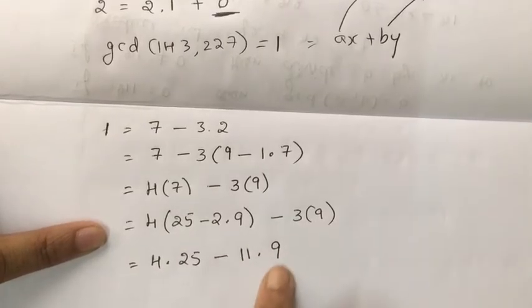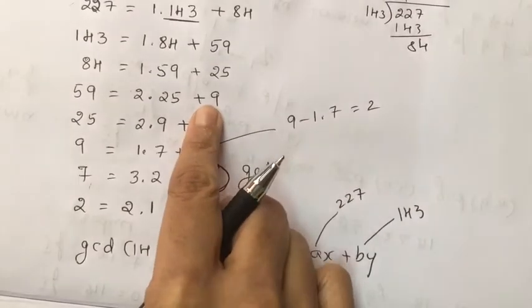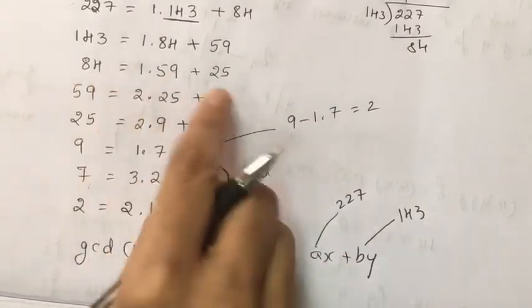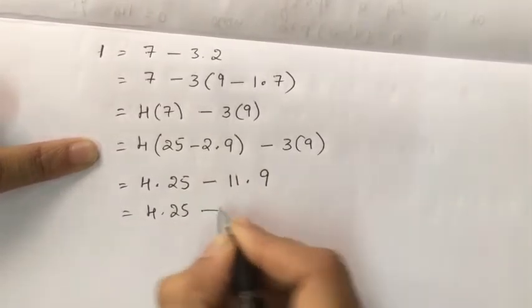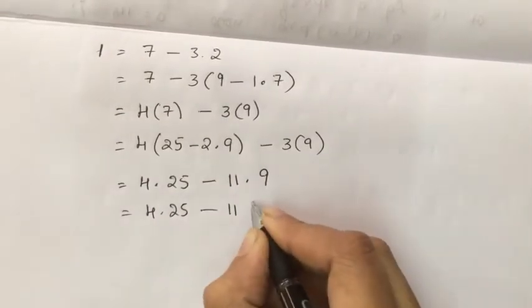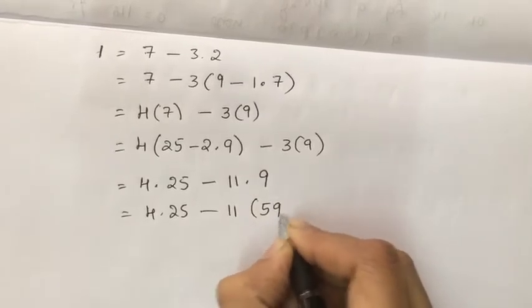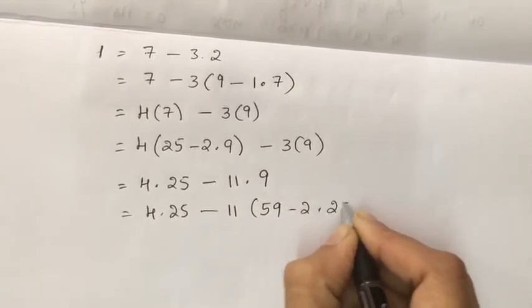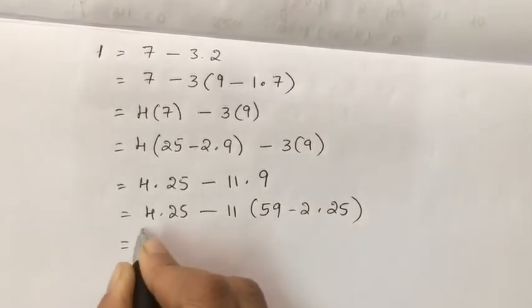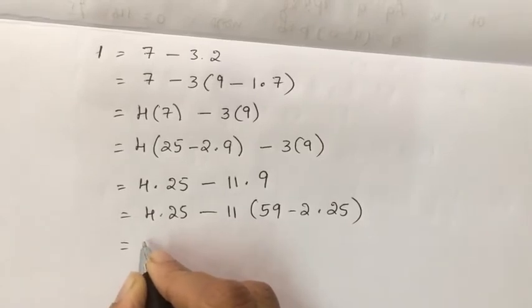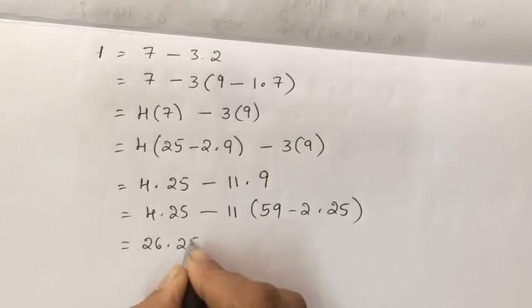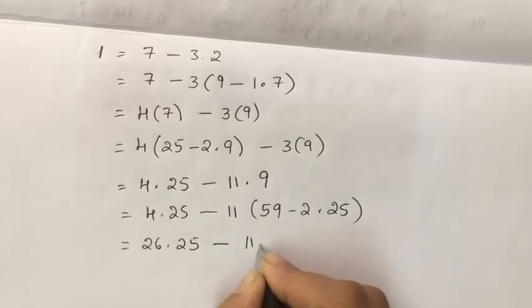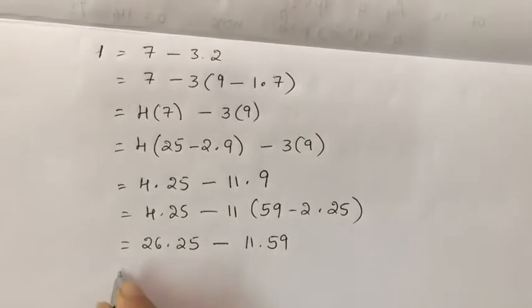Now I'll rewrite this 9 as 59 minus 2 into 25. So 4 into 25 minus 11 into 59 minus 2 into 25. I'll go on writing like this so that I'll get 6 into 25 minus 11 into 59.